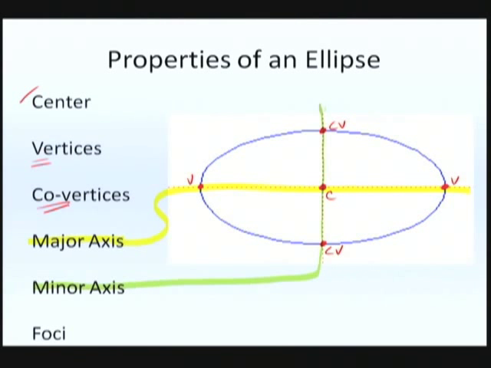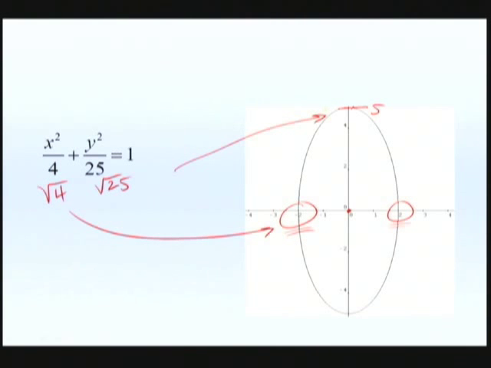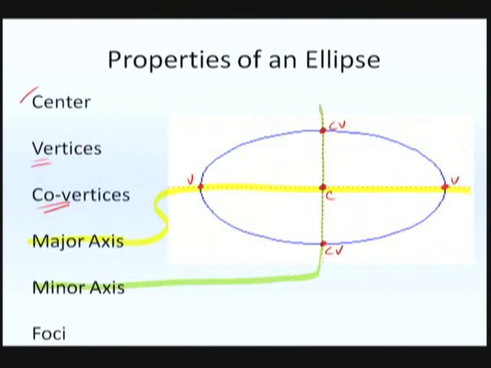And the major and minor axis don't always go the same way. For example, the major axis here is horizontal. It's not always like that. In this other graph, you notice that the major axis goes vertically, and the minor axis goes horizontally. So let's get back to the properties of the ellipse.